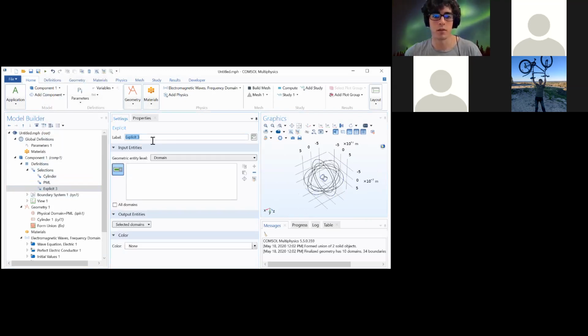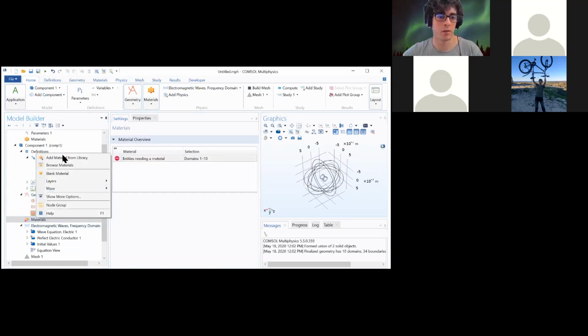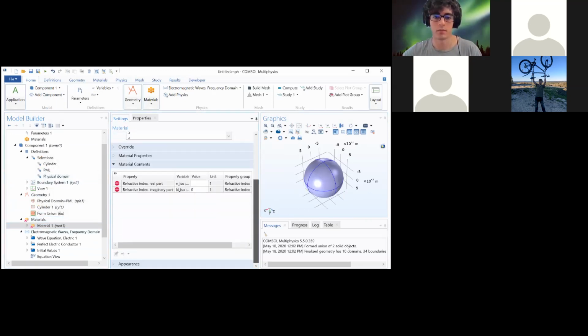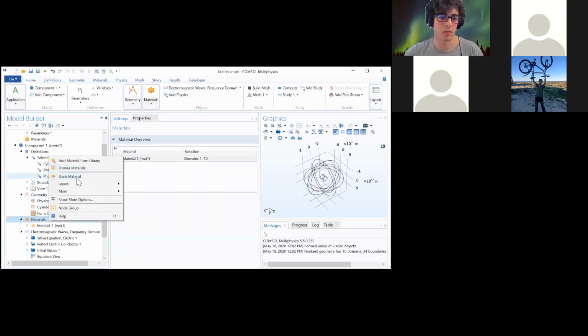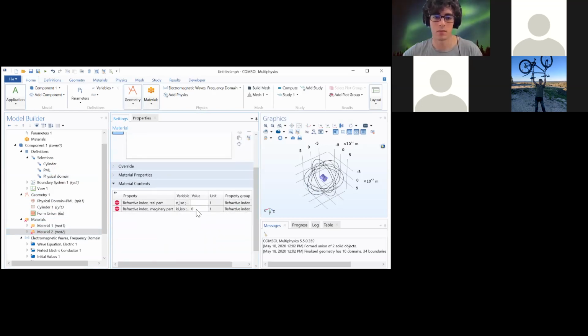We will also make a final selection with all the physical domain. Okay, next, we will prepare the materials: host refractive index, particle refractive index.